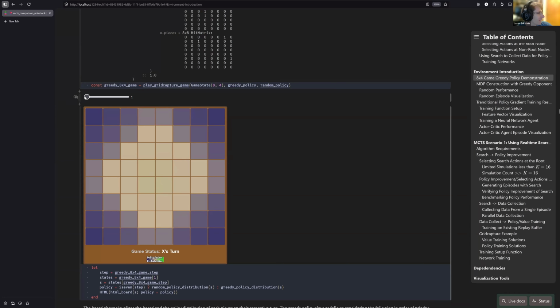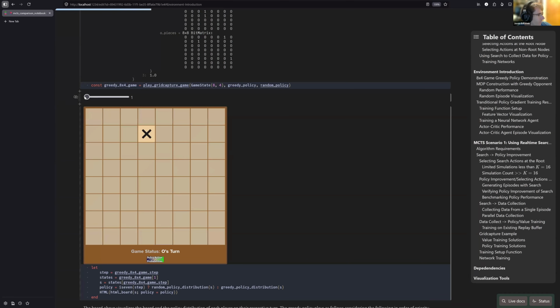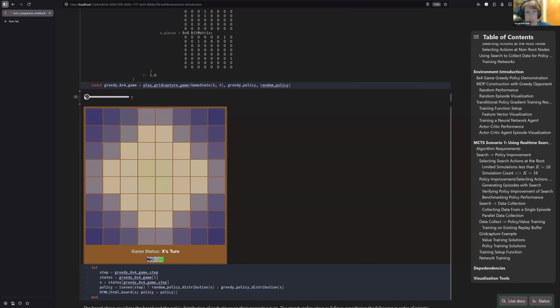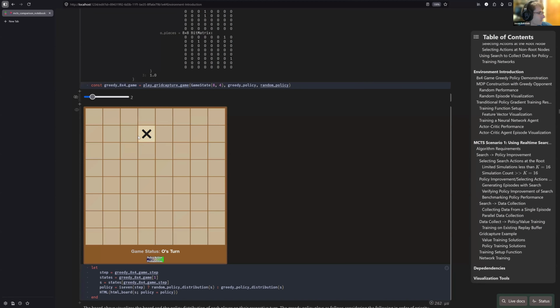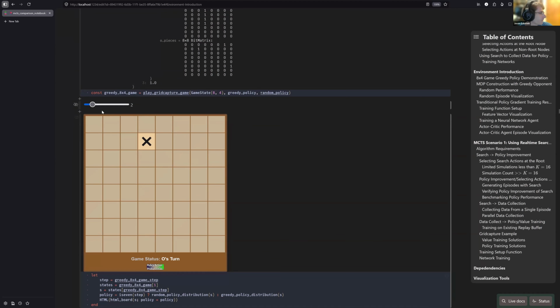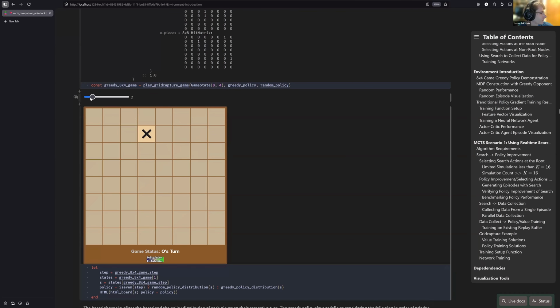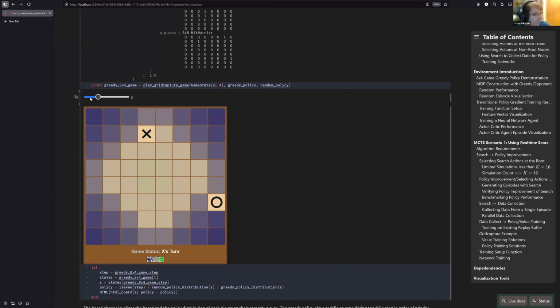So we can see if I advance this forward, basically here, no move has been played. Now X has played a move here, and these colors are all the same because this is the random policy. The random policy doesn't favor any move over another, and we'll see a random move will be played.